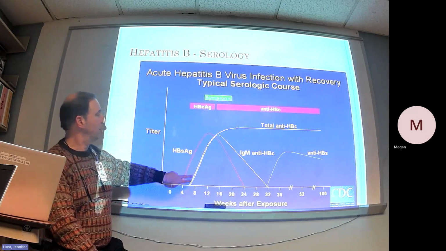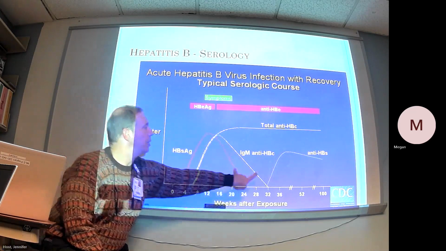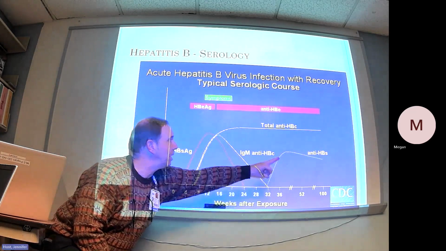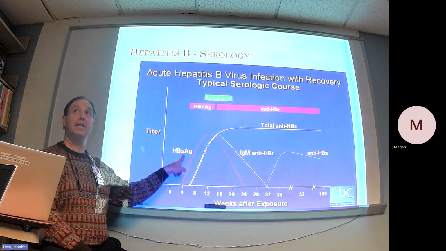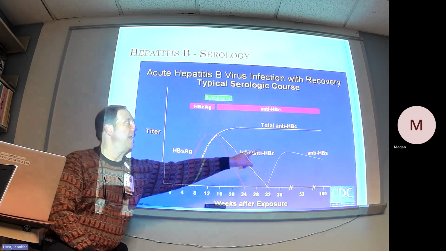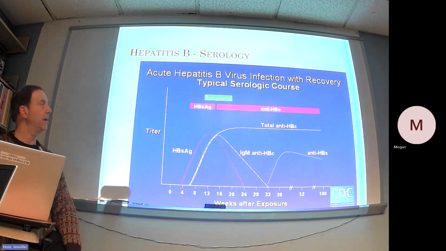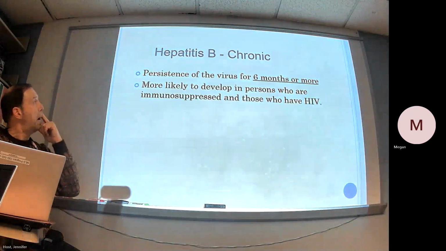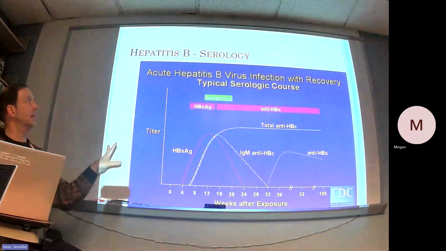And then here comes your anti-core, which is in this window period before you make the hepatitis B surface antibody to surface antigen. So you go from antigen to none to antibody. Now, that was a typical seroconversion.